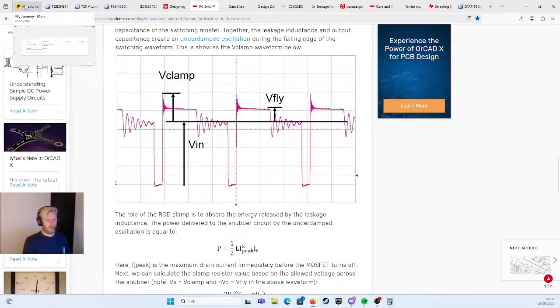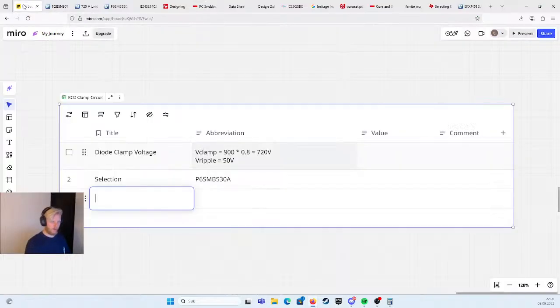This I would like to write down. So power is half L and an I peak squared times the switching frequency.